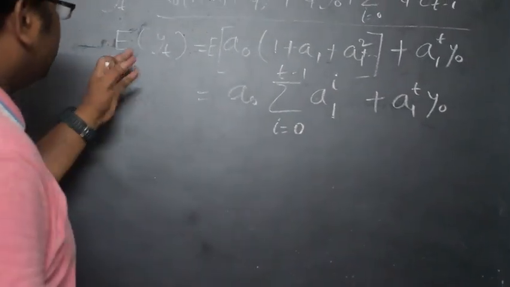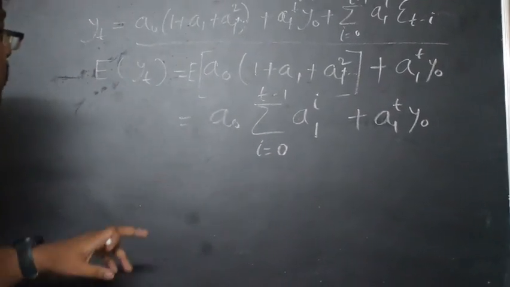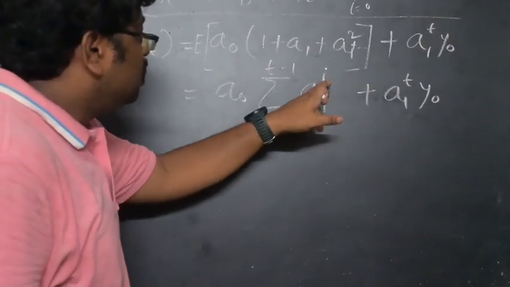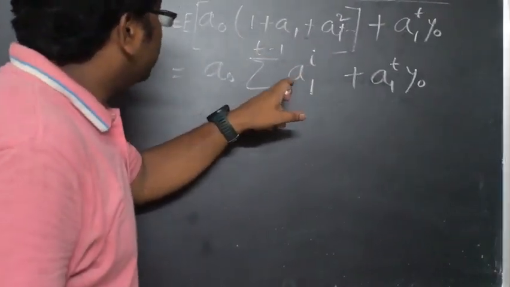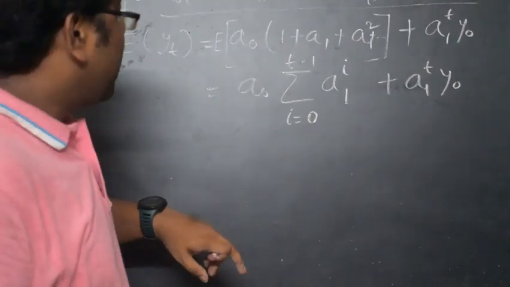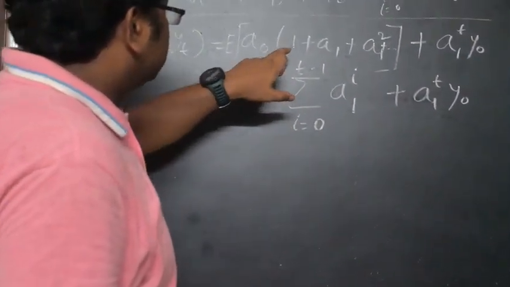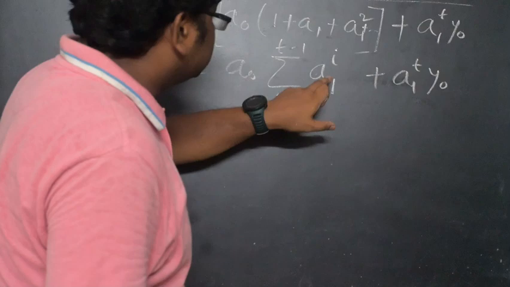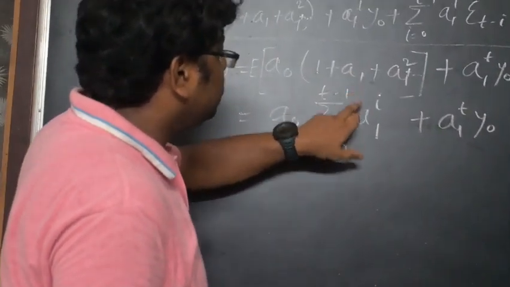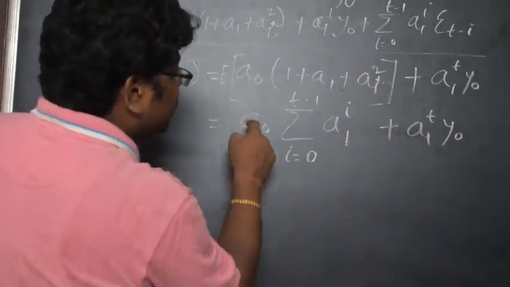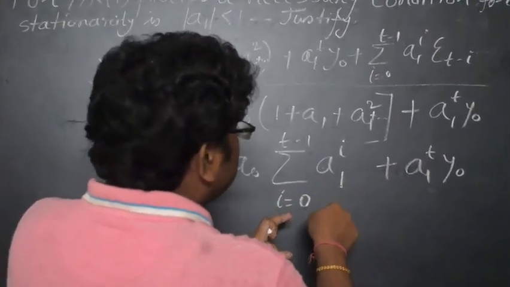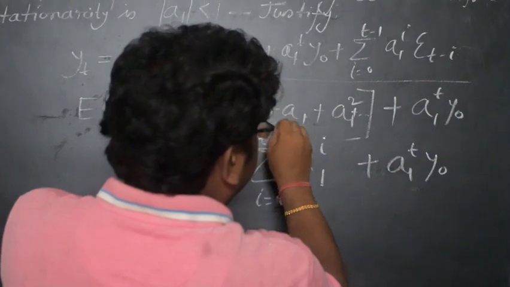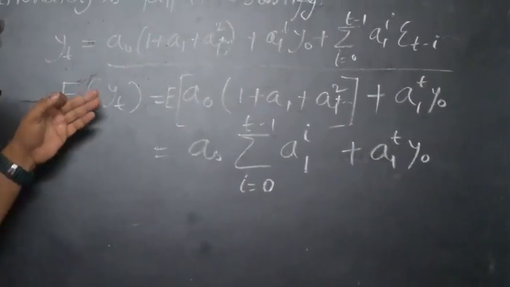This is the expectation of yt, because if you put 0 here, then the power is 1, and if you put 1, then this value will be a1 only. In this way, by putting different values of i, you can get this equation. Okay, so this is the mean.